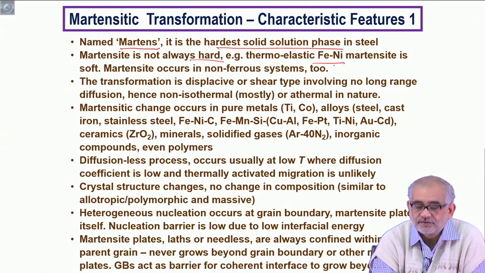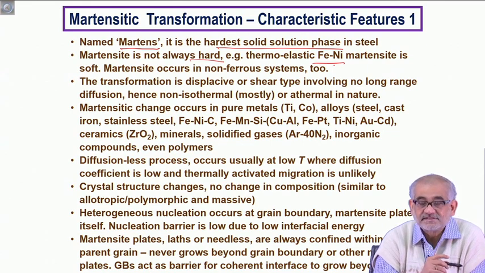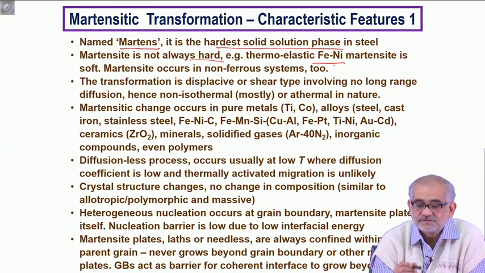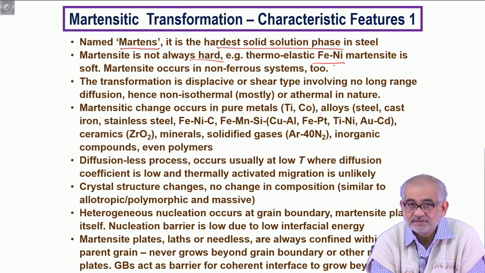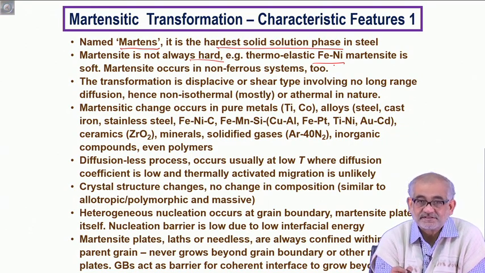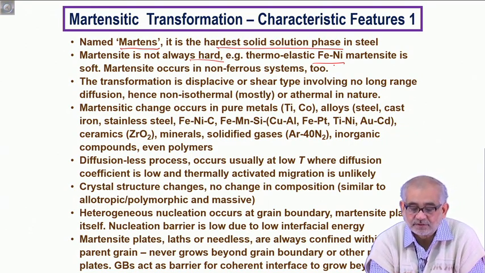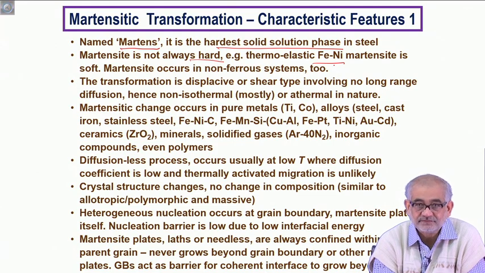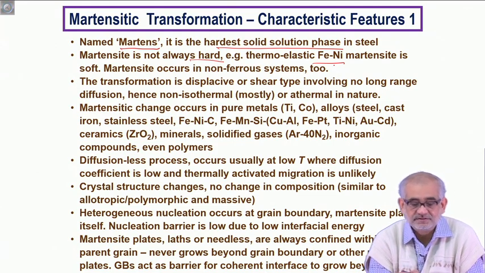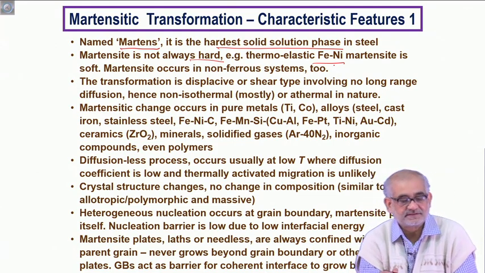For example, if you go to the iron nickel system or the titanium nickel system, the martensites that form are called thermoelastic martensites, and in the as-quenched condition they are not necessarily very hard. The strength of those alloys arises because of another phenomenon which follows the transformation, and that is precipitation hardening.